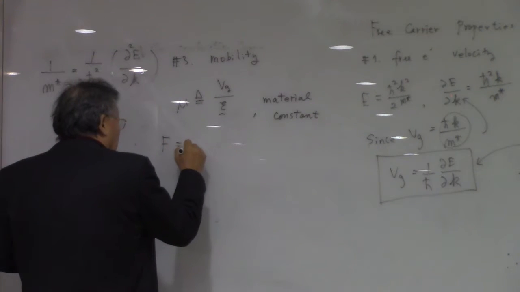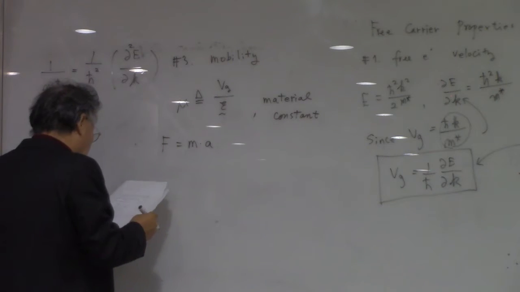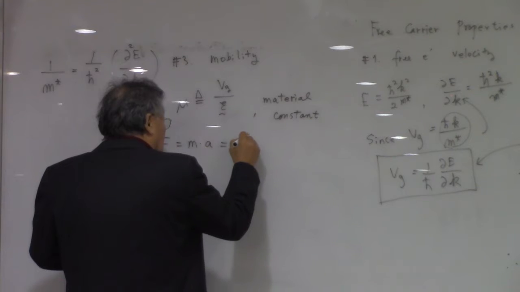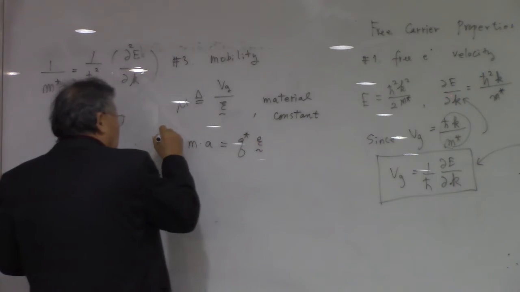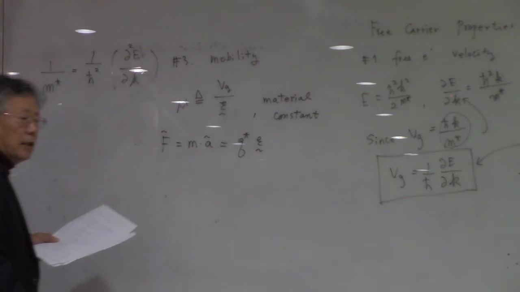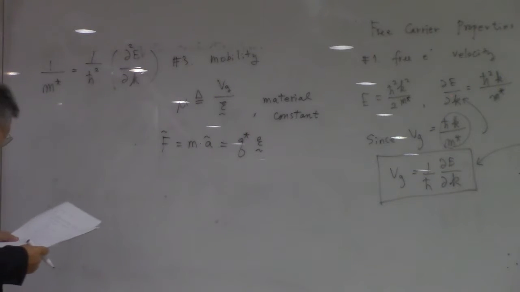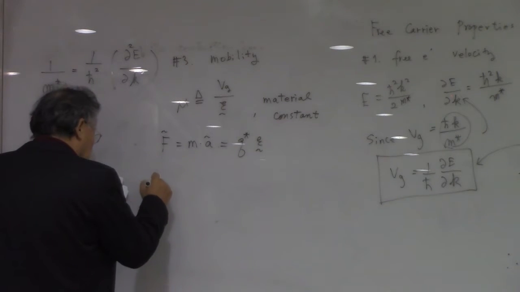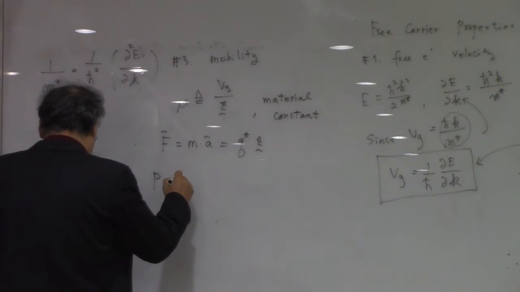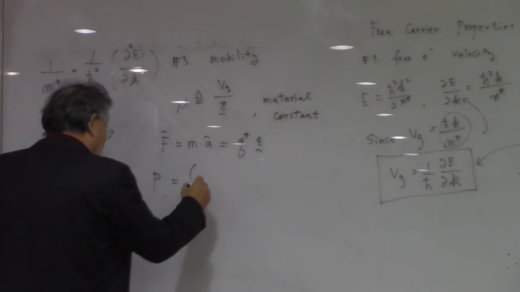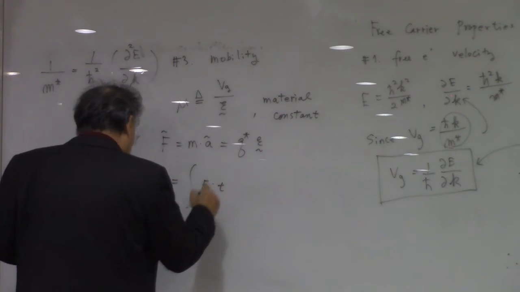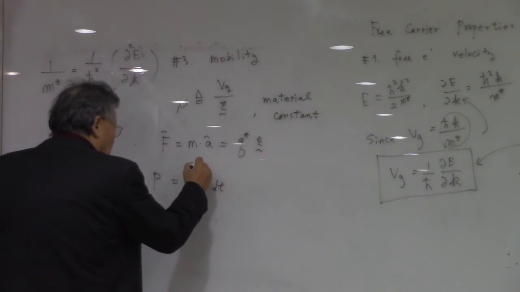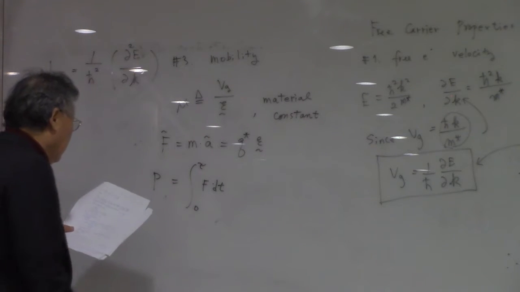Now, F equals ma again, and in the electric field it can be set something like that. That is the force. And the momentum is an integration of force with respect to the scattering relaxation time.